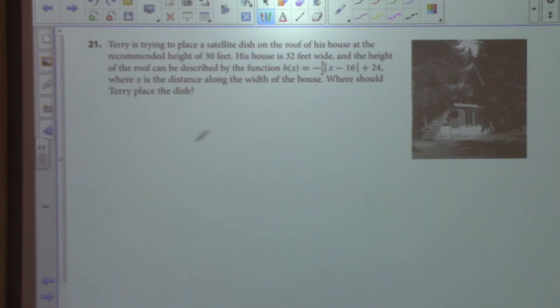I'll say 32 is the age. It's gotta be 30. So here it is, 30, which is our recommended height, equals negative 3/2 x plus 16 plus 24.